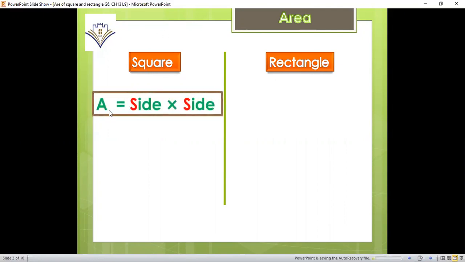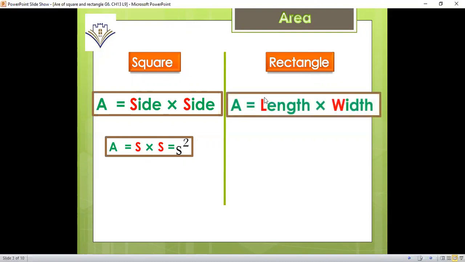The area of a square equals side multiply side. Then A is equal to S multiply S, where S is referred to as side, or we can say S power 2. Why? Because S multiply S. The area of a rectangle equals length multiply width.